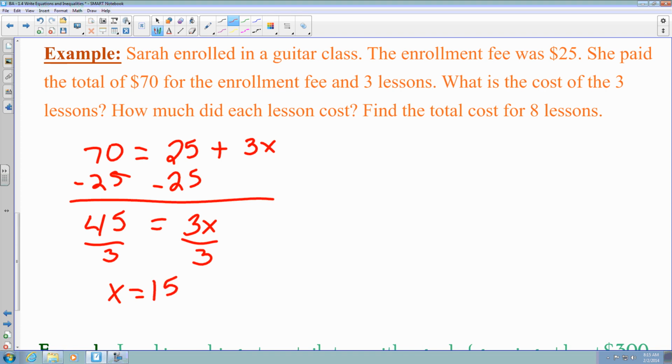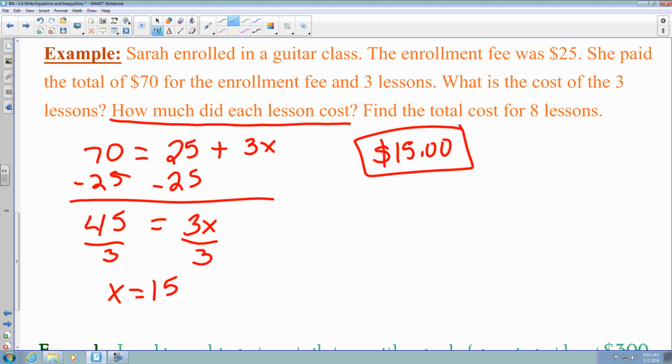So essentially, I answered 2 questions. The first one is this one here. I asked how much do these sessions cost? That one cost $15. How much did 3 sessions cost? Well, all you have to do is take 15, multiply it by 3. Essentially that's $45, which we've kind of found within the equation itself.